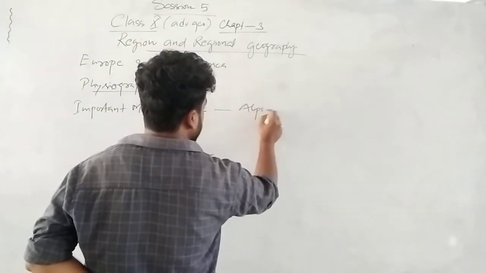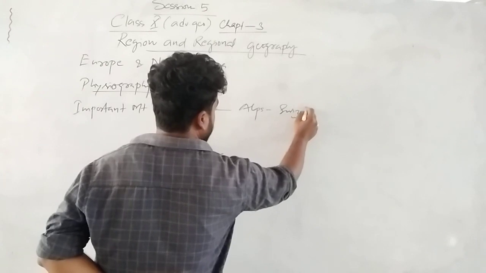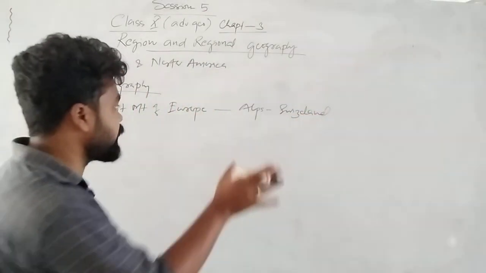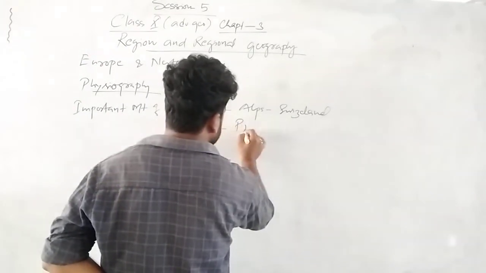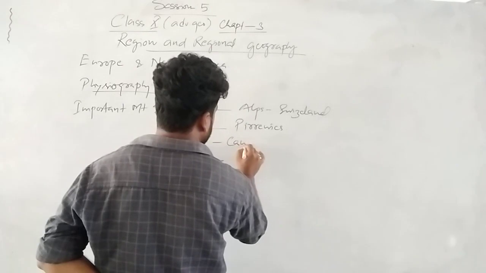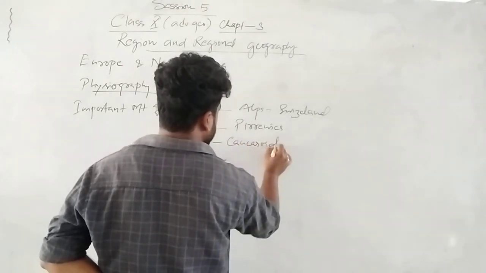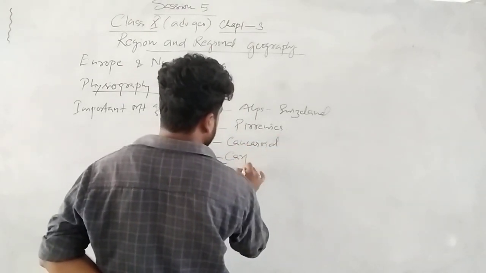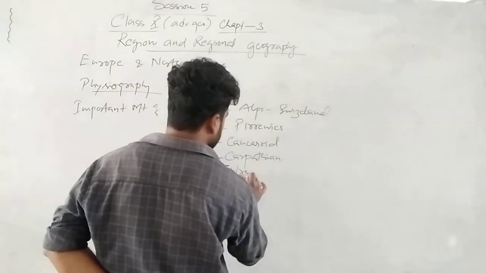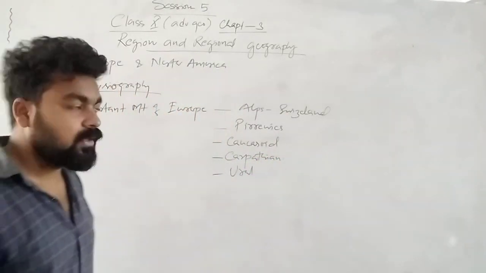Alps is in Switzerland. Not only in Switzerland, it consists of different countries, but mainly Switzerland. Then Pyrenees, Caucasus, Carpathian, and the Ural mountain is also a part of Europe.